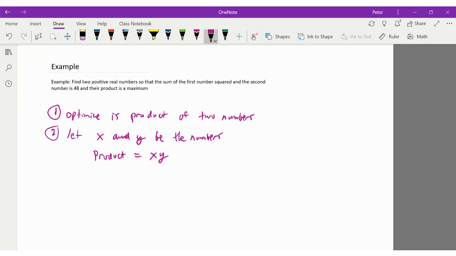We know that x squared plus y equals 48, and that gives us y equals 48 minus x squared. So you can see this is not a terribly difficult problem once you get past the strangeness of what's being described. So that equals x times 48 minus x squared. So the product as a function of x is going to be 48x minus x cubed.